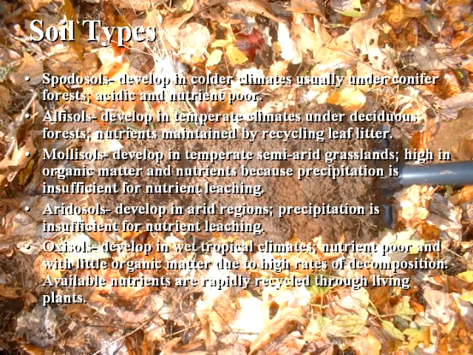And then there are the alfisols that develop in temperate climates under deciduous forests. So much of the northeastern United States and southeastern parts of Canada have these kinds of soils. And these soils maintain nutrients much better by the recycling of leaf litter, like you're looking at in the background of this picture here.